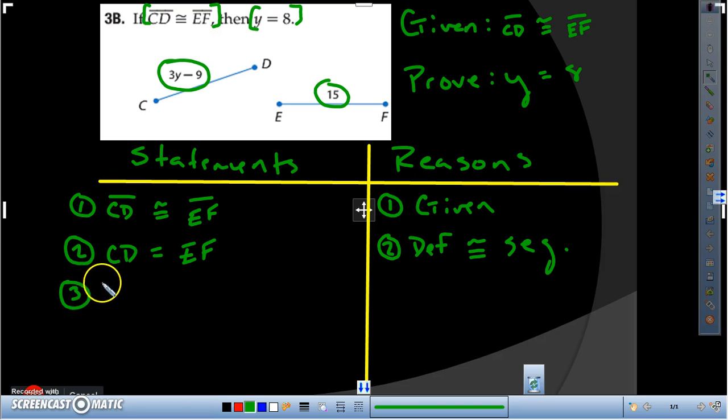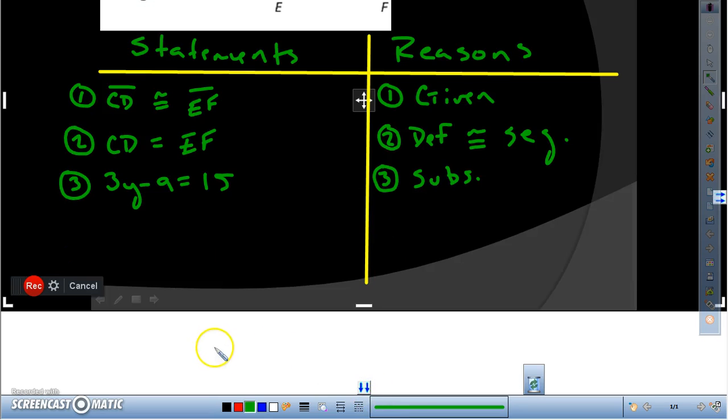So for my next step, I'm going to replace the measure of segment CD with its equivalent expression. I'm going to replace the measure of EF with its equivalent expression. And when I substitute an equivalent value, that is the substitution property. And from here on out, this is going to be an algebraic proof.